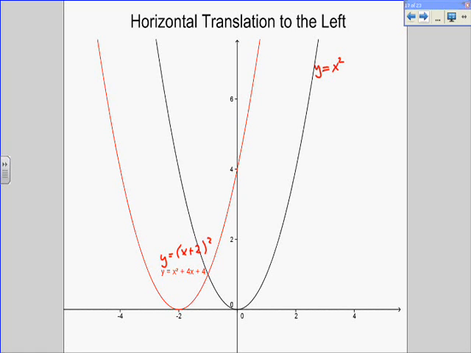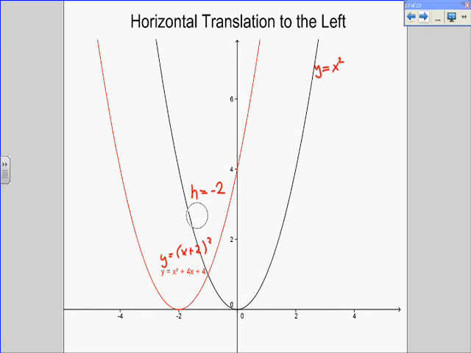We can see that that value of h is inside of the bracket with the x. Okay, that's important to note about the location of h. And we can see it's actually right here. Plus 2 is the value of negative h. Okay, so it's a negative 2 is our value of h.